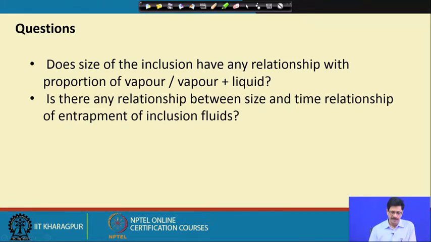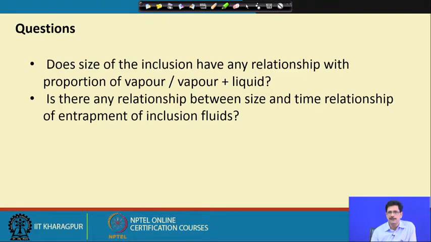So, again we could ask, is there any relationship between size and the time of entrapment of fluid inclusions? Because the fluid inclusions are entrapped during the primary growth of the mineral as well as any time later. We have seen that even when they occur as part of a random 3-dimensional network, there is a variation in size from very small to very large.